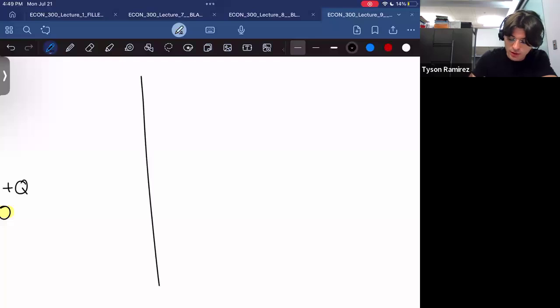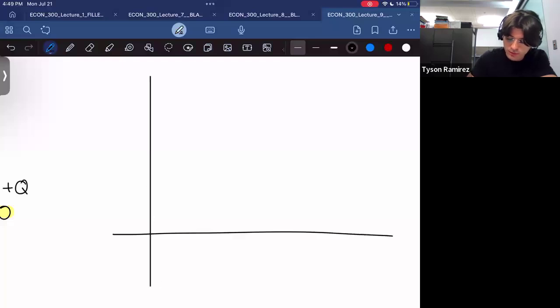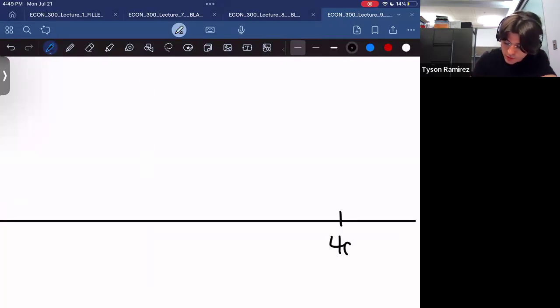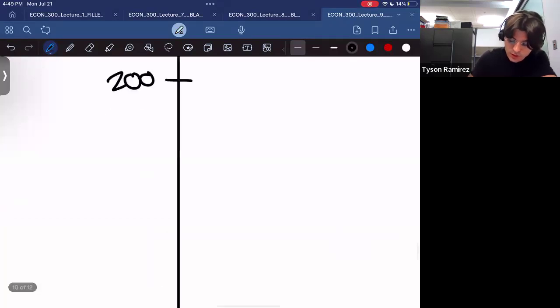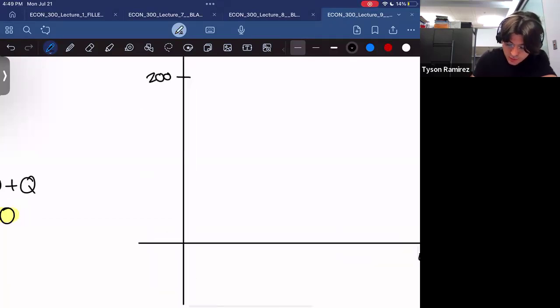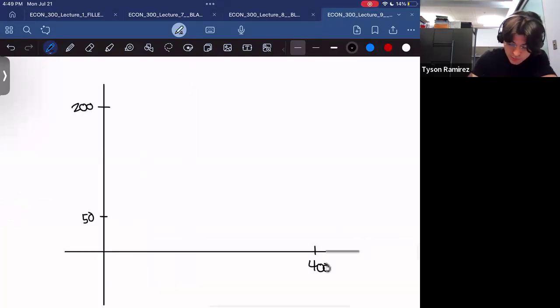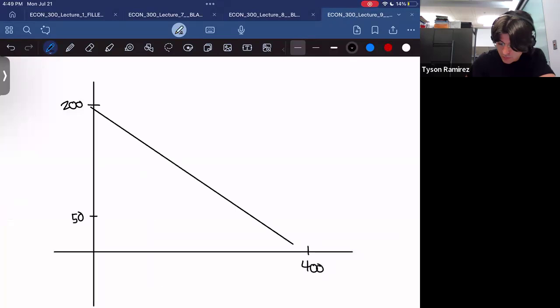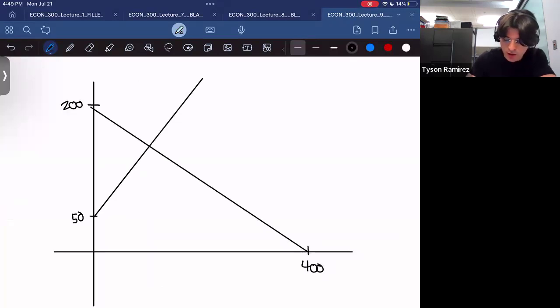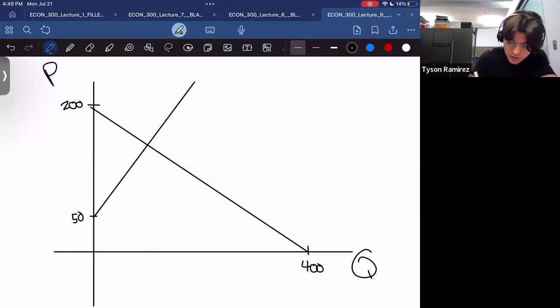What does this do to the market? We're going to have nearly the same as originally. Got intercepts here, here, here. If we were to quickly redraw the graph for this market, this is Q, this is P, supply, and this is demand.